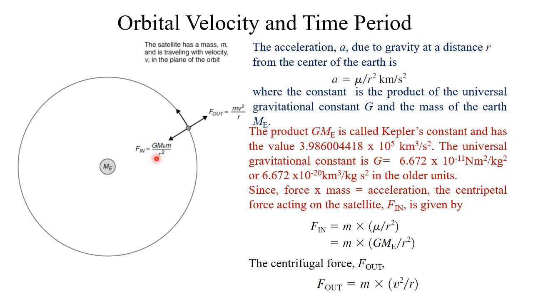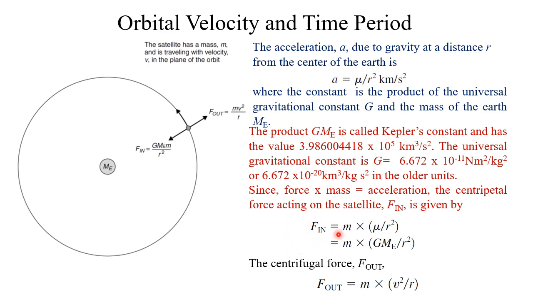Its value is GMm by r square, and there is an outward force acting on the satellite, which is because of the rotational motion of the satellite around the Earth, and the value is mv square by r, which is called the centrifugal force.